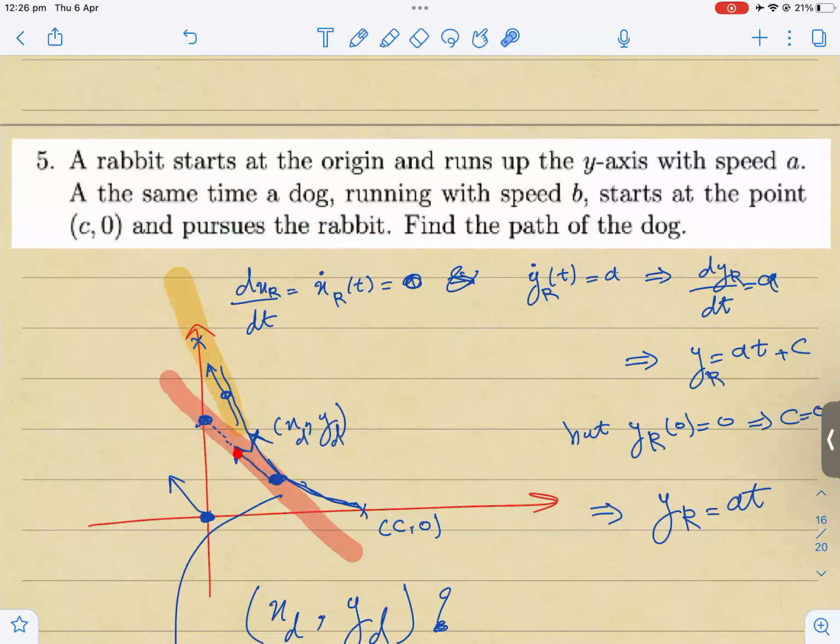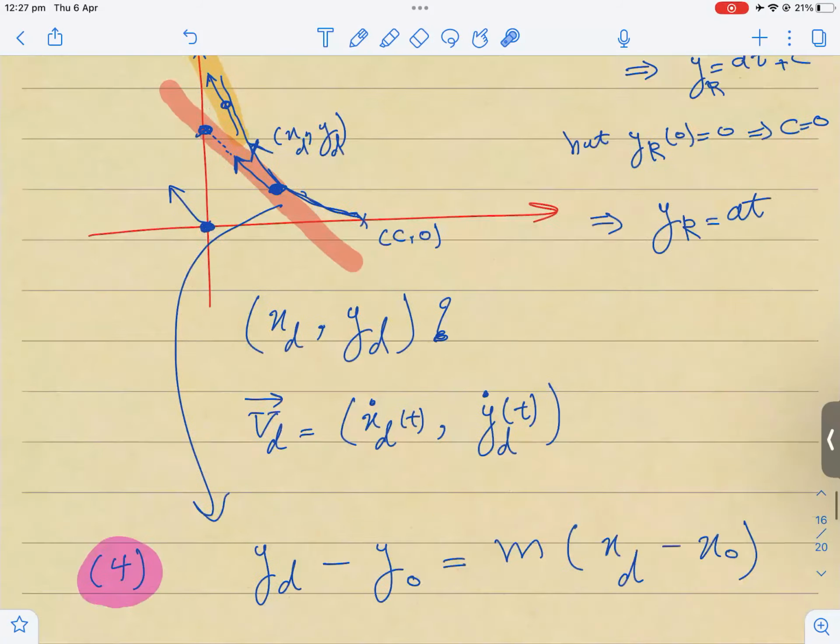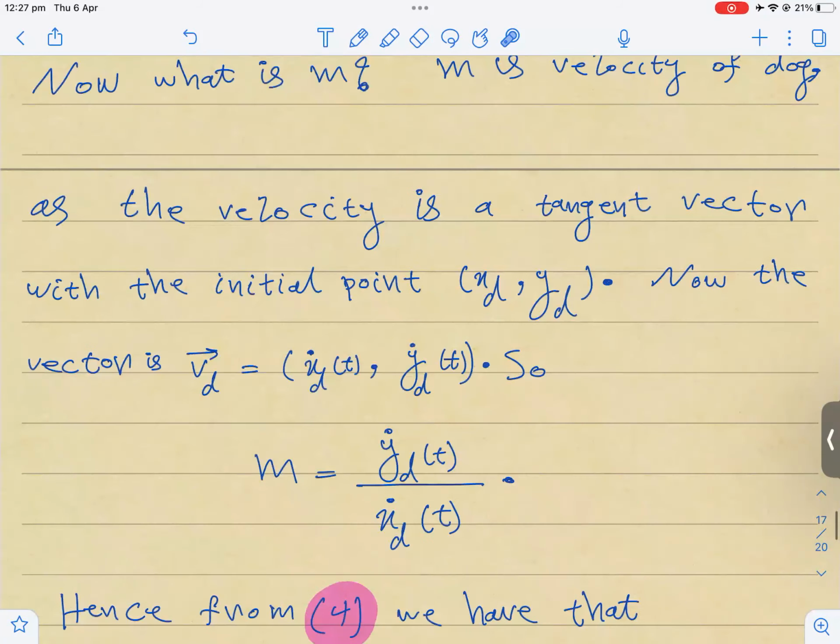This vector is equal to this vector, so I can move it to here. Then I can find theta and, as a result, M, the gradient.